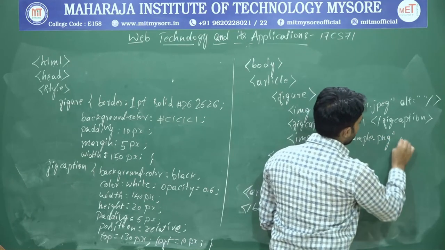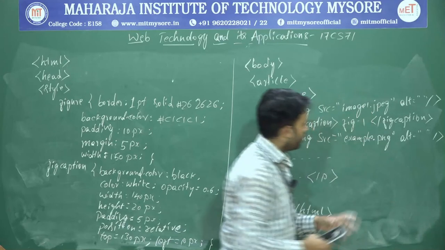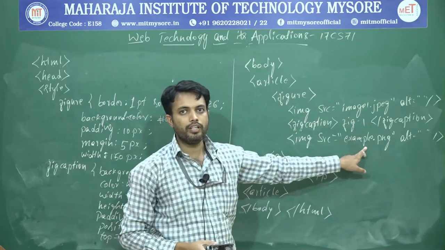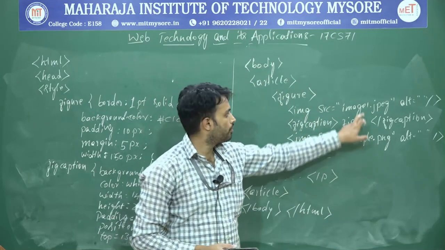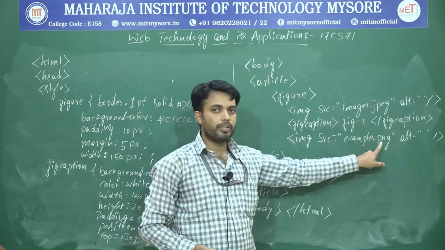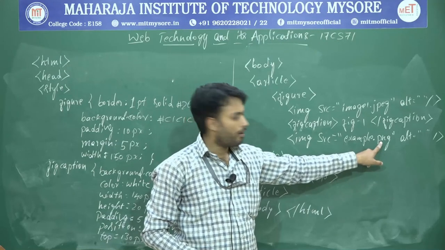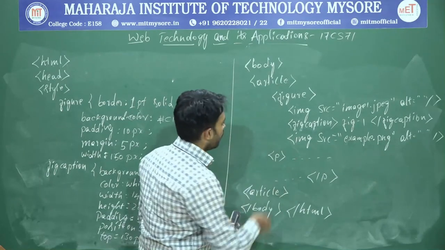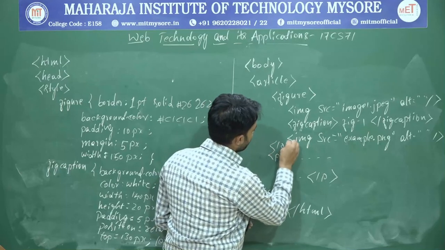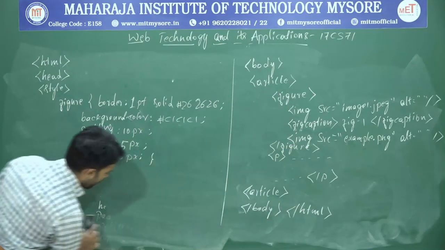You know the property of a PNG image, right? A PNG image won't have any background; it has a transparent background. Now I will close this figure. Now I will erase this figure caption.